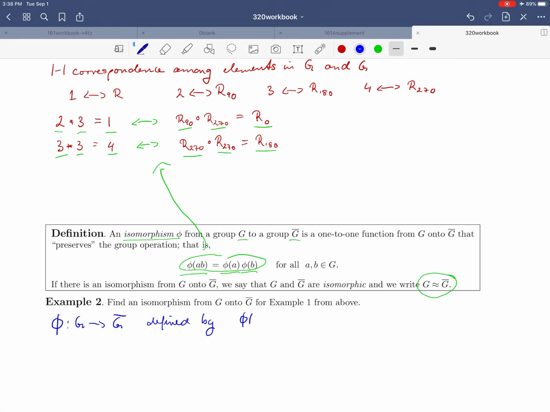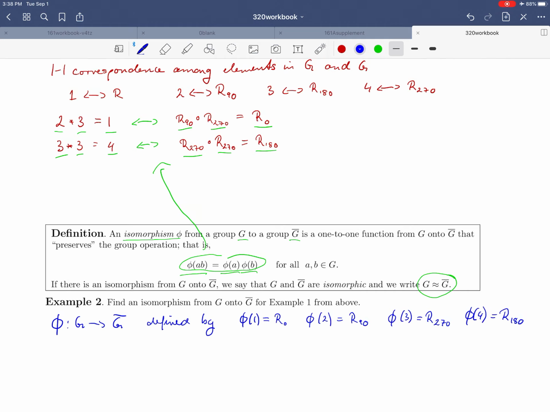Phi of 1 is equal to R0, phi of 2 is equal to R90, phi of 3 is equal to R270, and phi of 4 is equal to R180. It's important to do it in this order so that the group action is actually preserved.